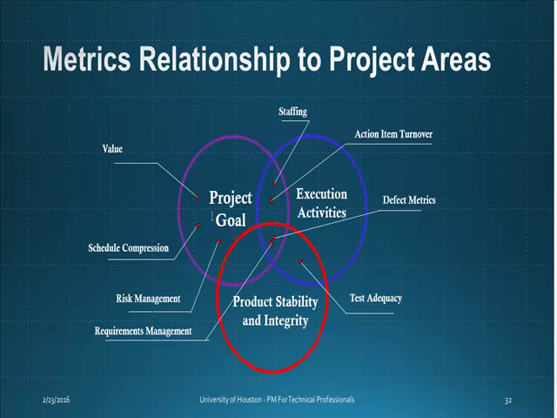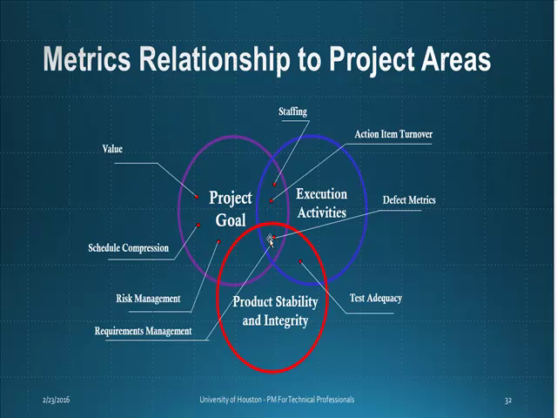Most of the metrics are related to our project goals, right? If you're looking at the value, schedule compression, risk management, and requirements management, there is also something overlapping between those areas, across all three different areas.